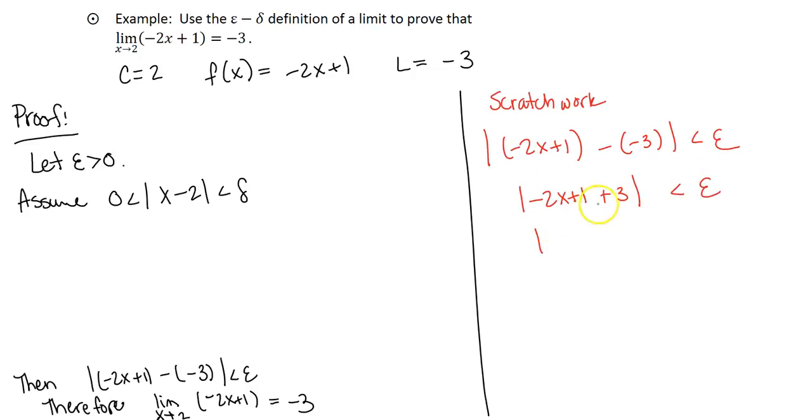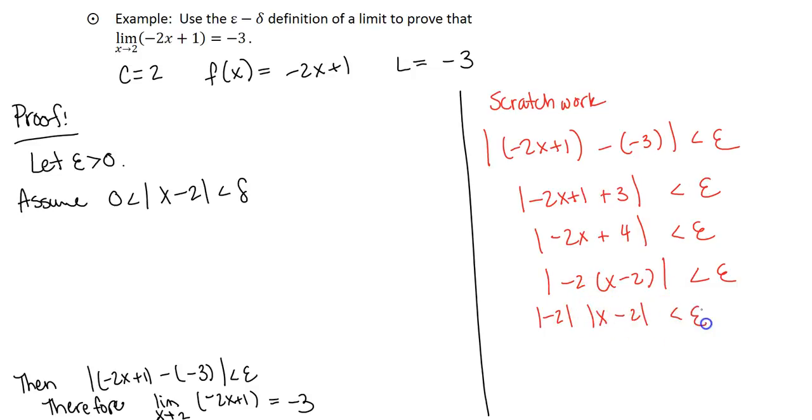And the 1 plus 3 is going to be 4. And I'm going to pull the negative 2 out, which leaves me with x minus 2. And that is an absolute value part right there. So that breaks down to the absolute value of negative 2 times the absolute value of x minus 2. And the absolute value of negative 2 is 2.